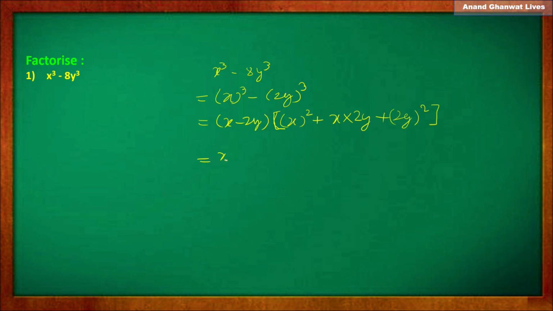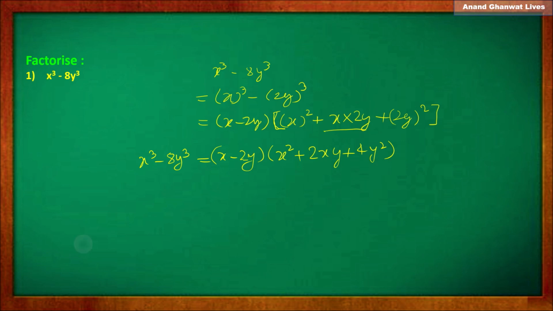It is equal to x minus 2y into another bracket x square plus, now product of x into 2y, that is 2xy, and plus square of 2y, that is 4y square. So those are the factors of x cube minus 8y cube.